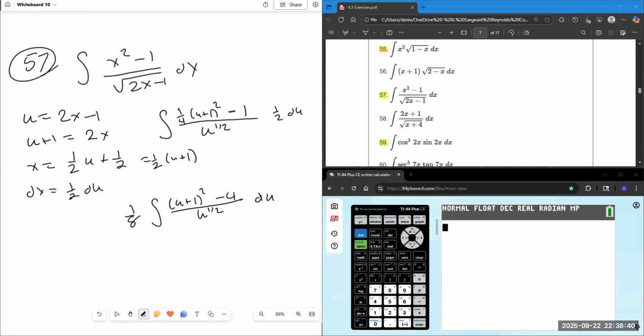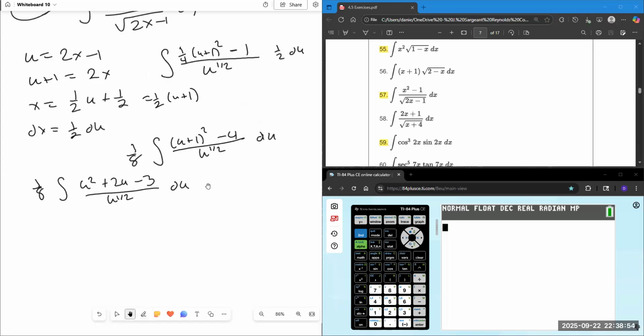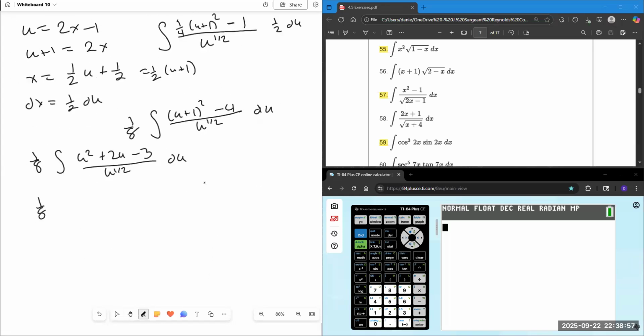So this is 1/8 integral u squared plus 2u plus 1 minus 4 is minus 3 over u to the 1/2 du, is 1/8 of integral u to the 3/2 du plus 2 integral u to the 1/2 du minus 3 integral u to the negative 1/2 du.